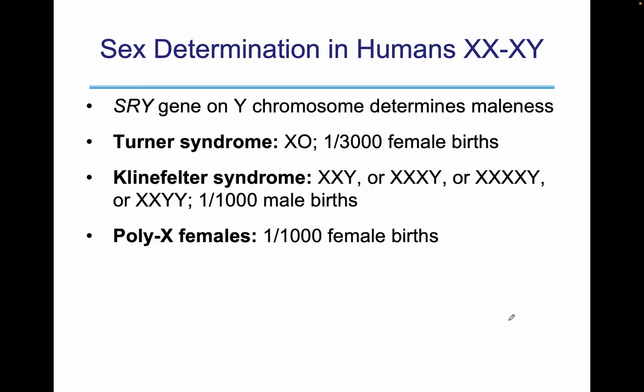Polyfemale or poly-X females is about 1 in 1,000, so the occurrence is similar to Klinefelter syndrome, and this is where you have females with more than 1 X chromosome. They call it triple X syndrome where they have 3, but they can have more than 3. Okay, and in this case, they don't have distinctive features other than the tendency to be tall and thin.